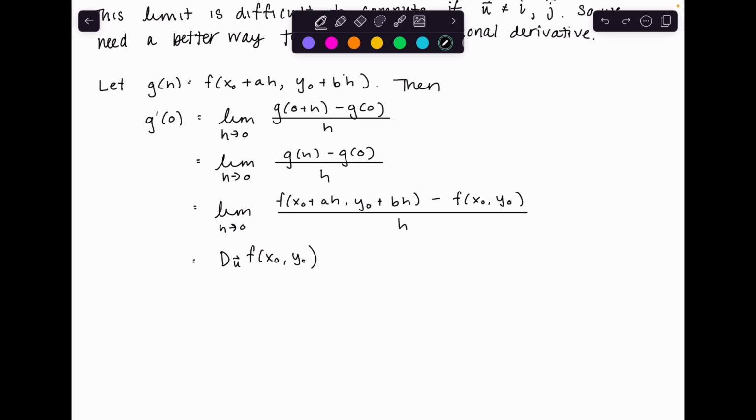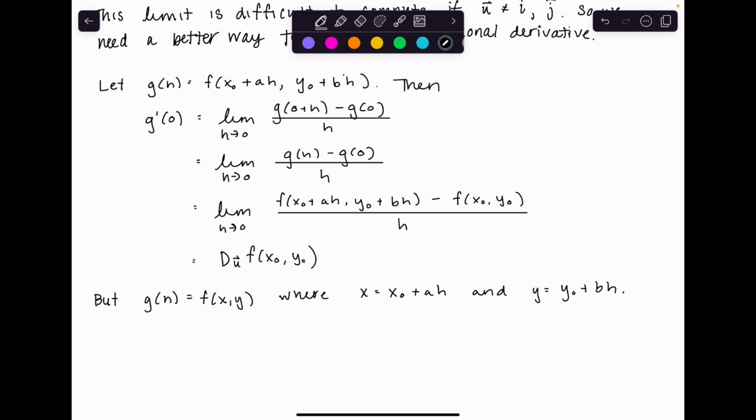So ultimately, g of h, we evaluated at a specific point. It is a function of x and y, okay? Where specifically, I can say the x component is x naught plus ah, and the y component is y naught plus bh.